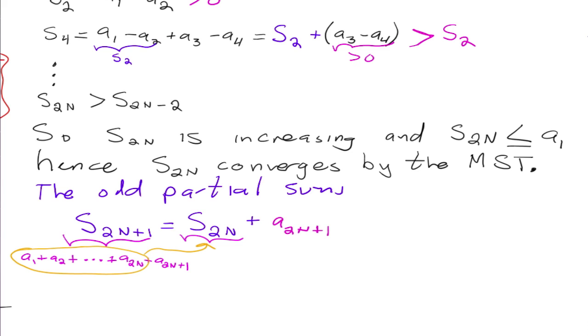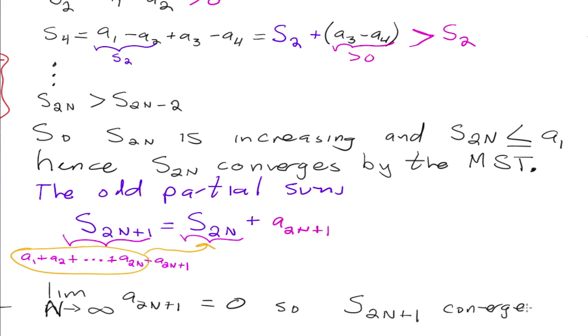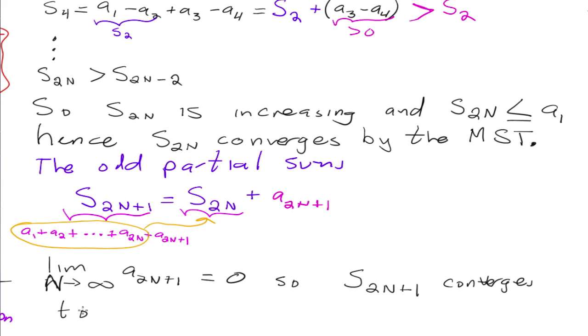So right here, notice that the limit as n goes to infinity of a sub 2n plus 1, what is that equal to? That's equal to 0, right? By that third assumption. So that means that s of 2n plus 1 converges to the same value as s of 2n.